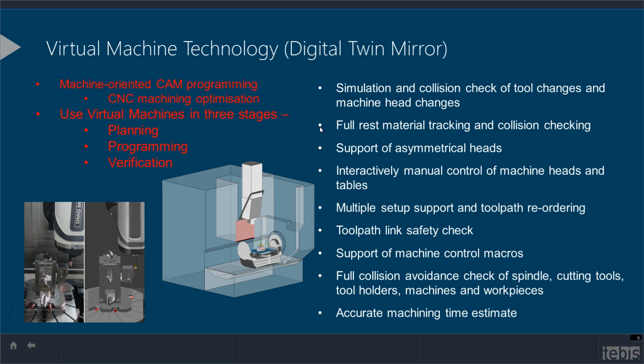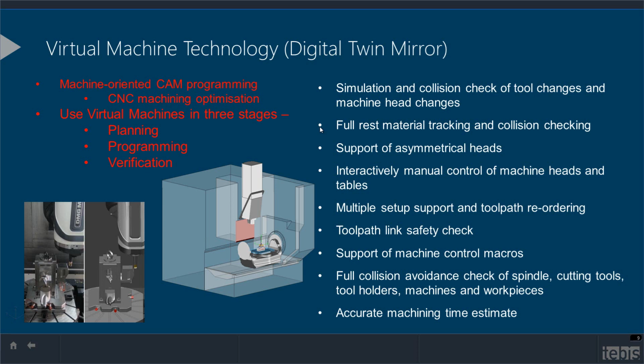With multiple setup, you can combine multiple CAD files and different parts which have been programmed by different people into one machining operation with optimized tool changes and tool tilt directions. And we also manage your tool links for safety checking. Many other softwares do not do this between the end of one toolpath and the start of another.